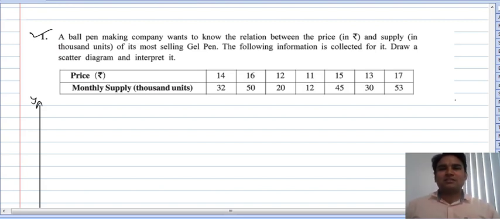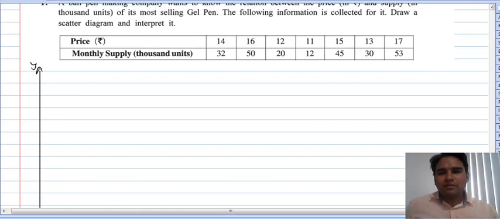The following information is collected for it; draw the scatter diagram and interpret it. So again the price and the monthly supply are given and we have to draw this diagram and know the nature of the correlation between these two variables.